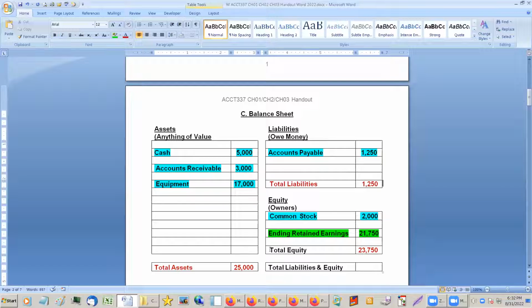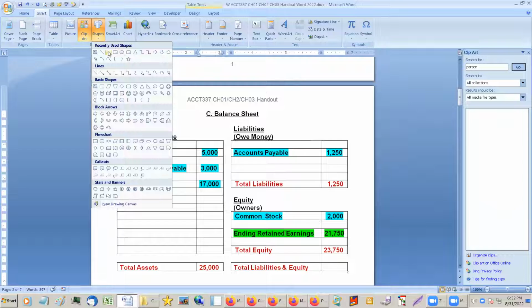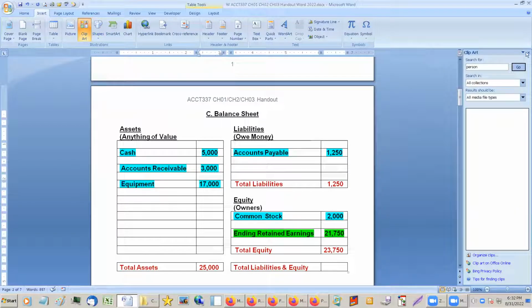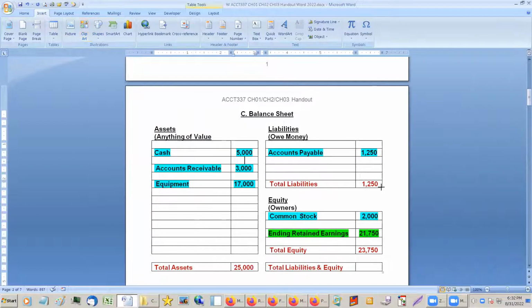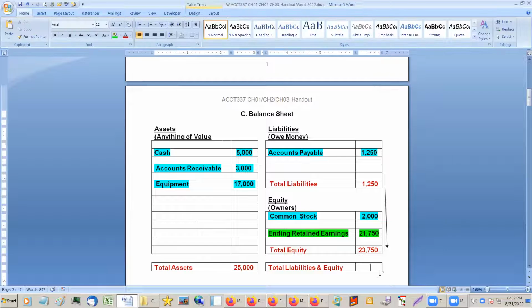And if we add these two together, we should get the same as over here, and we do, $25,000. So these two need to equal, and they do.